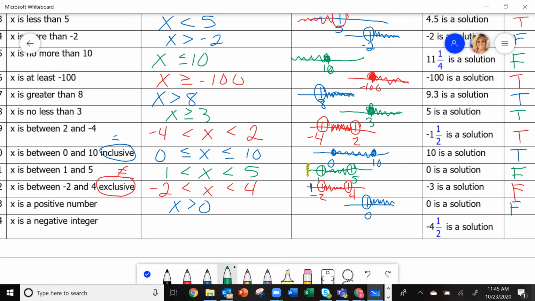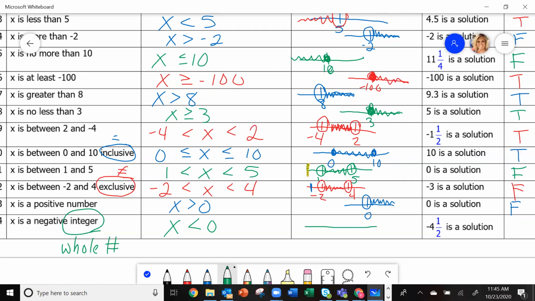The last one says X is a negative integer. Be very careful with this. Remember, integer means whole number. Okay, so this one, what type of numbers are negative? Those are numbers that are less than 0. So X is less than 0.